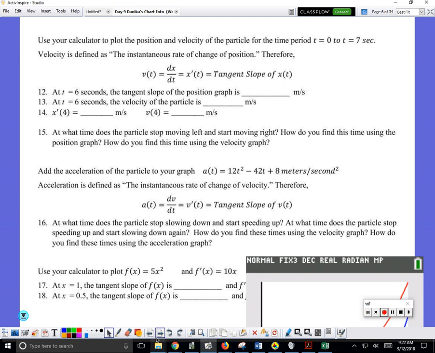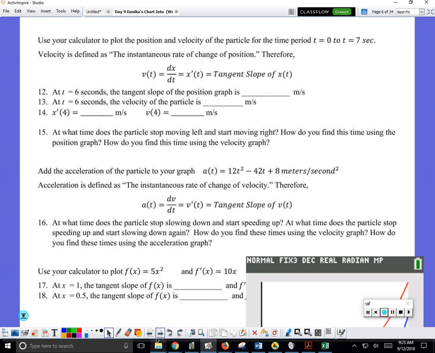You should have in Y1 and Y2 the other two formulas unless you deleted them. So enter the acceleration in Y3. And then you'll need to get this memorized.